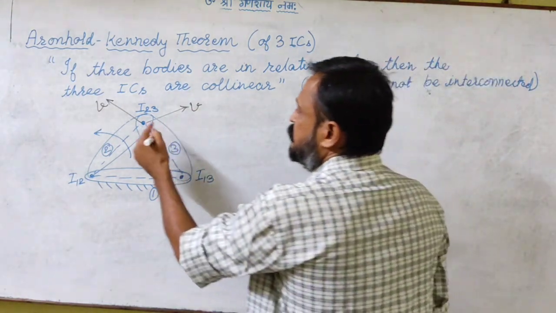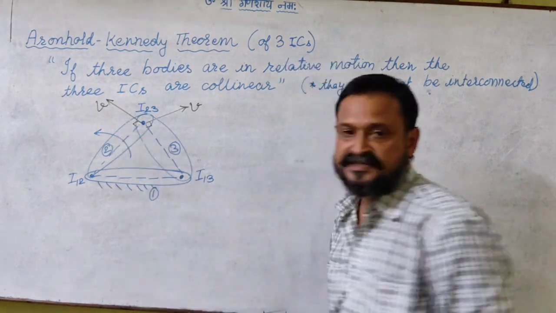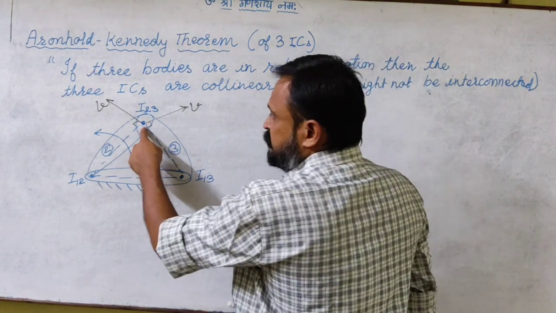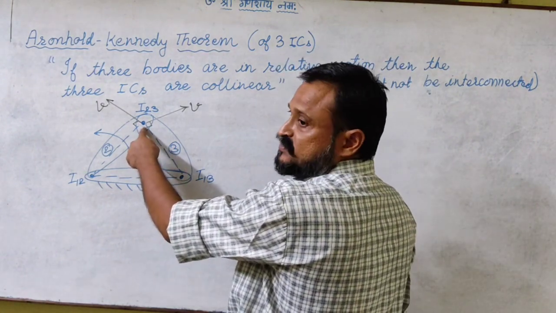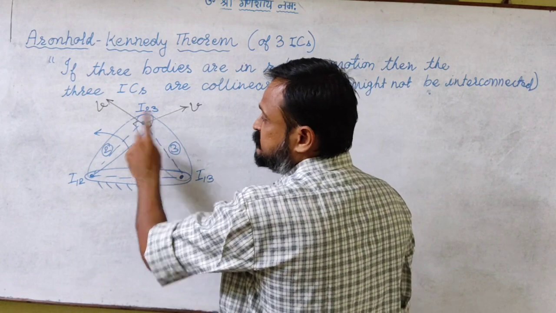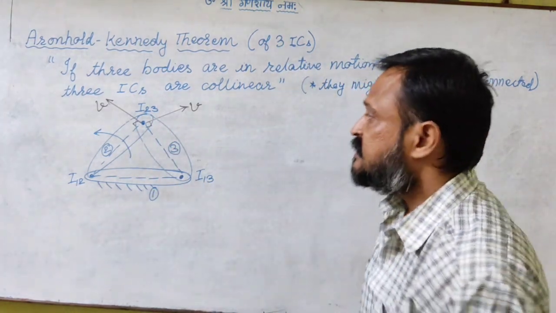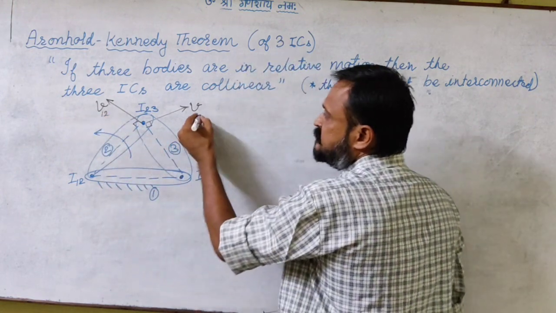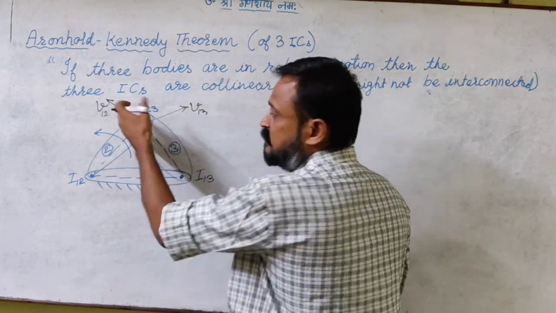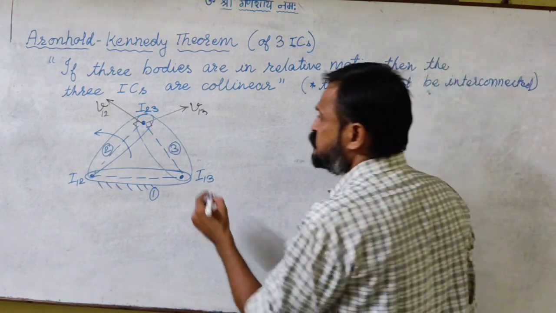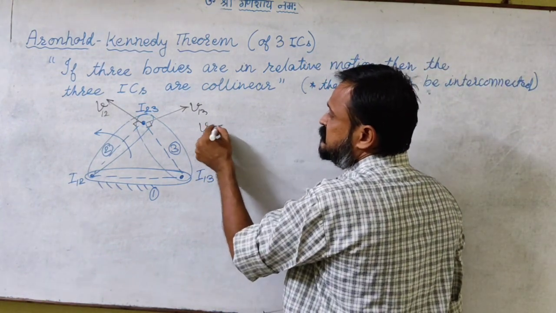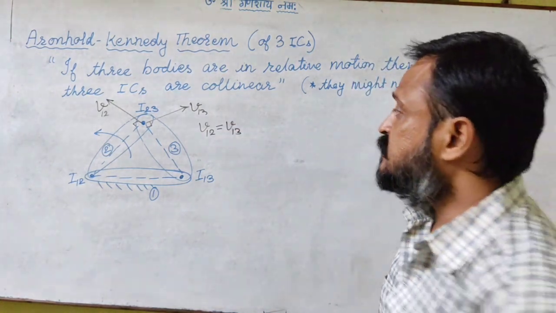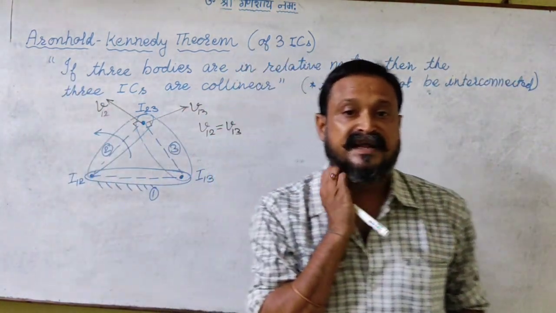Now if this is a coincident point and it is the same point, I must say that this velocity must be equal to this velocity, but these two velocities are in two different directions.